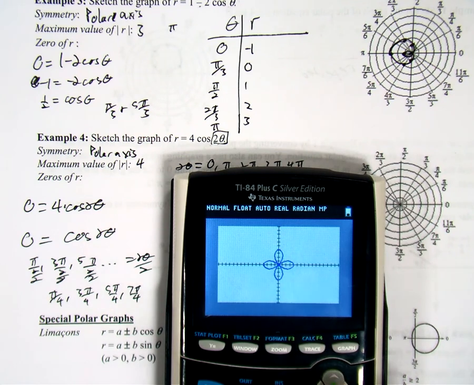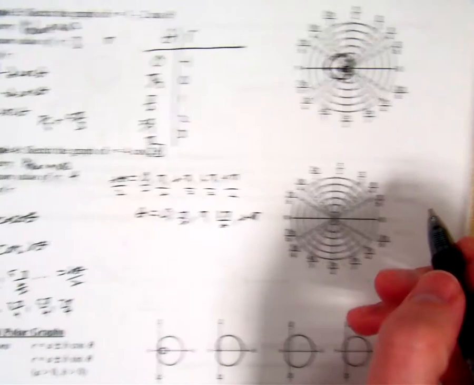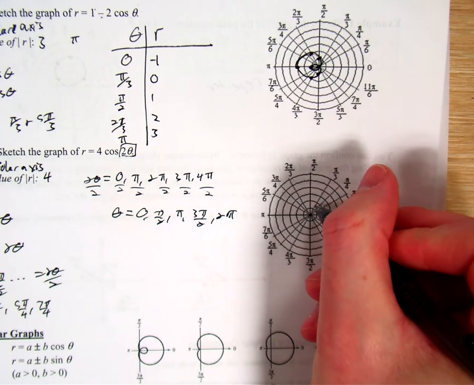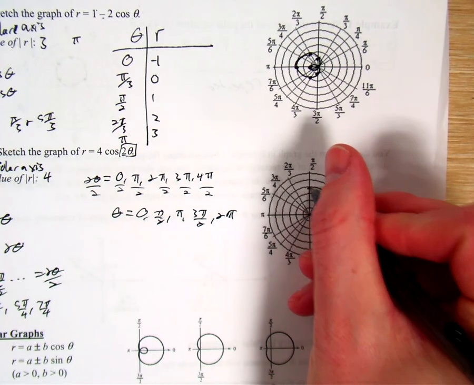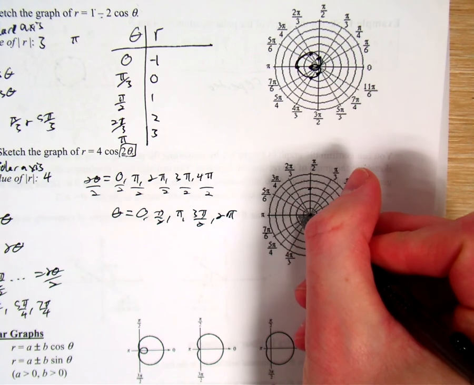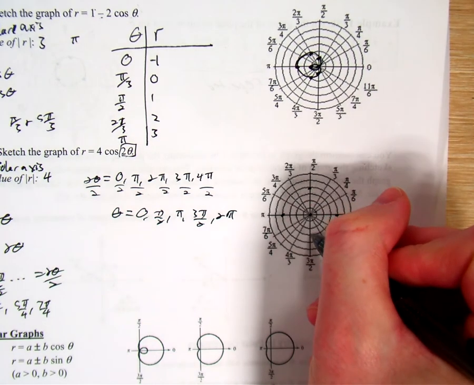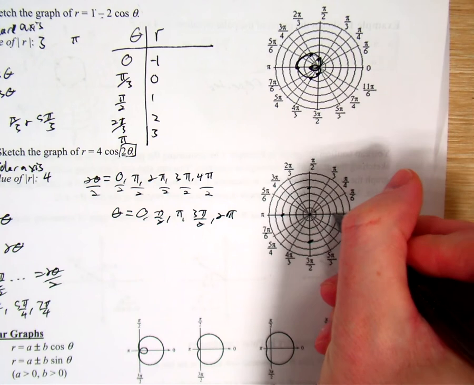Okay? So we are at 1, 2, 3, 4, 0, 1, 2, 3, 4, 0, 1, 2, 3, 4, 0, 1, 2, 3, 4. So it loops like this.